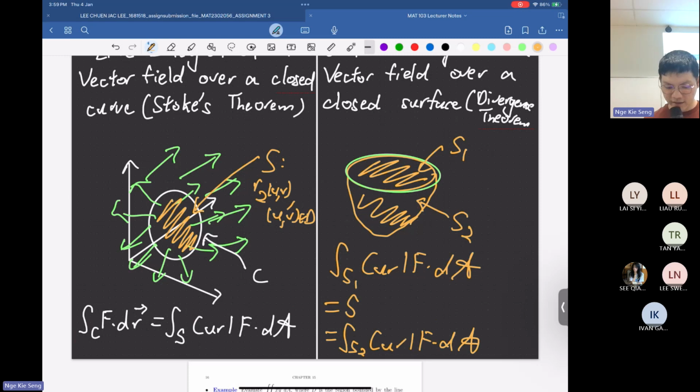Because they both have the same boundary, call it C. So if your surfaces have the same boundary curve, then they have the same surface integral of curl F. Okay or not? Yeah, question?